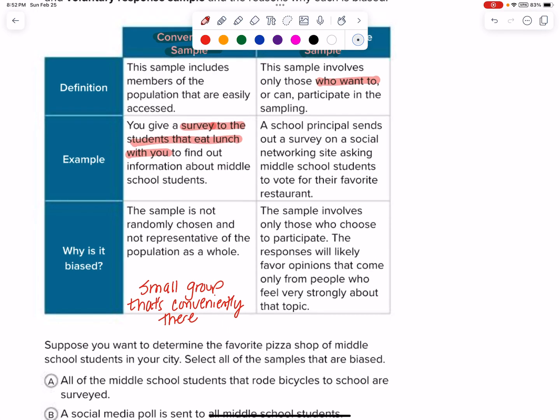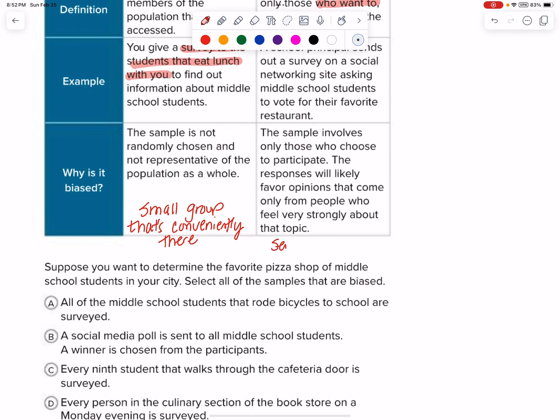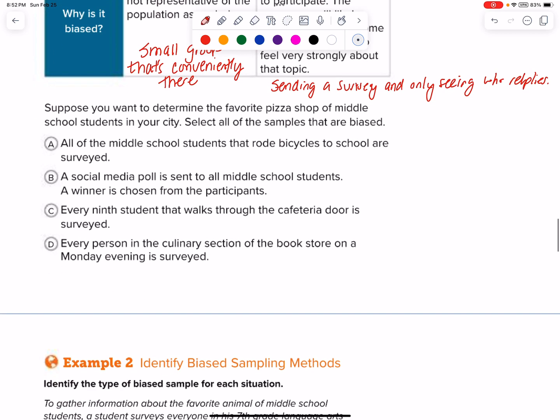So this would be like sending a survey and only seeing who replies. So that's not going to be fair because it's only including these people who want to participate.